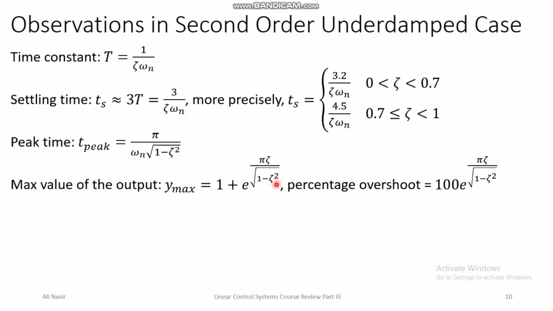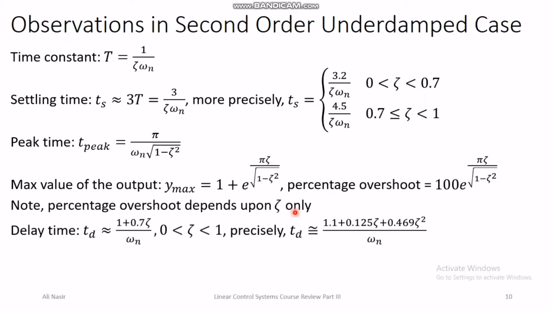And the percentage overshoot is 100 times e to the power of minus pi zeta over the square root of 1 minus zeta square. So this is the formula for percentage overshoot, and note that the percentage overshoot depends only on zeta and it does not depend upon omega n.